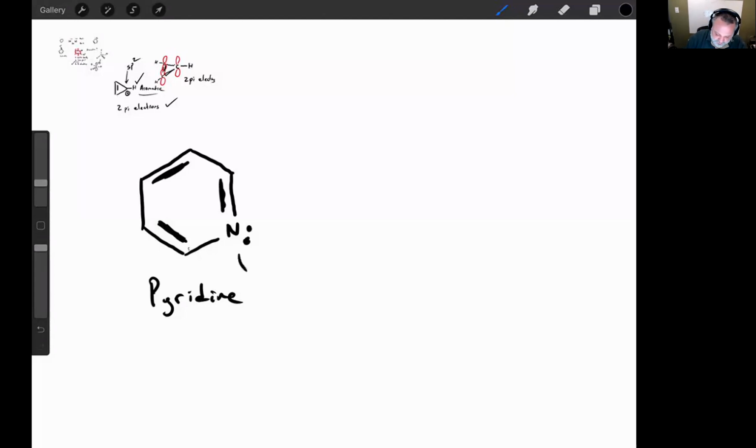What's the hybridization of this nitrogen? We know that it's sp2, based on our first principles, based on what we learned in Organic Chemistry 1. So if we look at that nitrogen that's sp2 hybridized, we've got a double bond that goes this way, a single bond that goes that way.